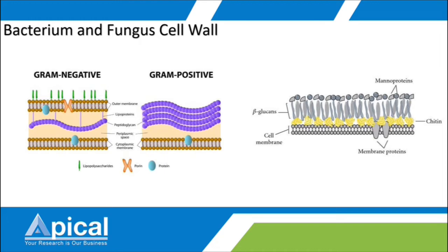In gram-negative bacteria, the cell is surrounded by a thin peptidoglycan layer together with an outer membrane, which contains lipopolysaccharide. Meanwhile, the gram-positive bacteria do not have the outer membrane, but they have a very thick layer of peptidoglycan, and this thick layer is hard to break, so we actually call it the cell wall for the gram-positive bacteria.